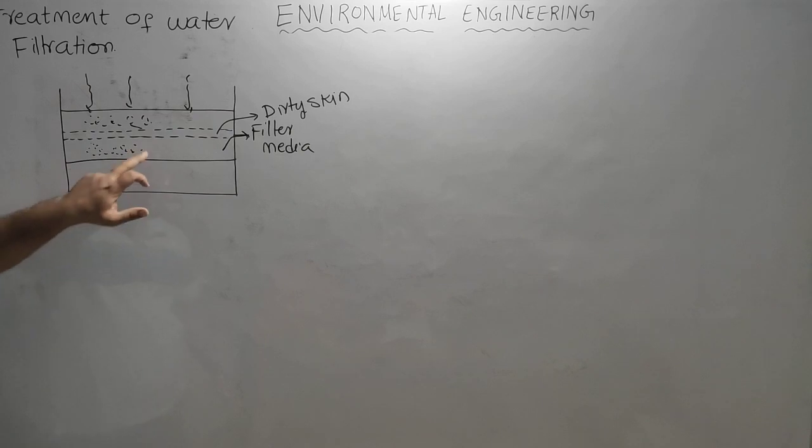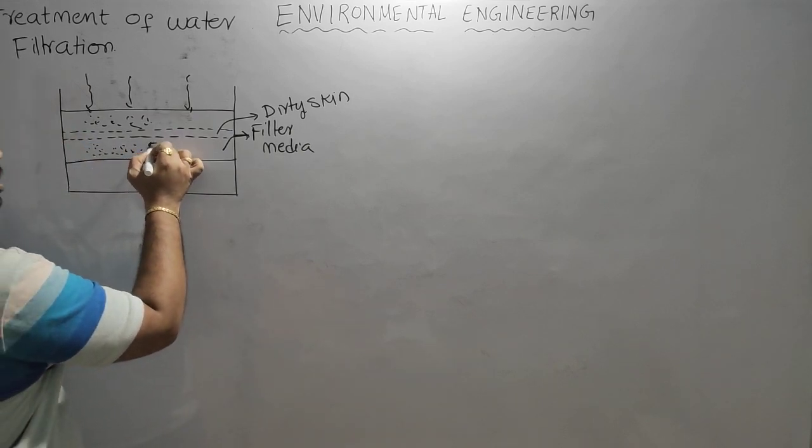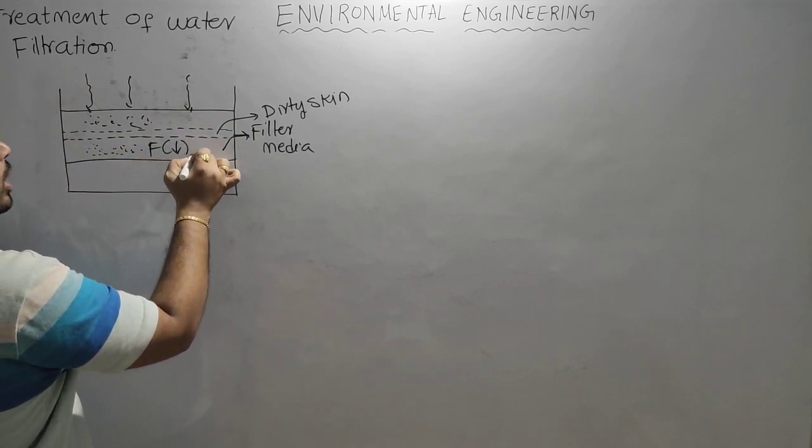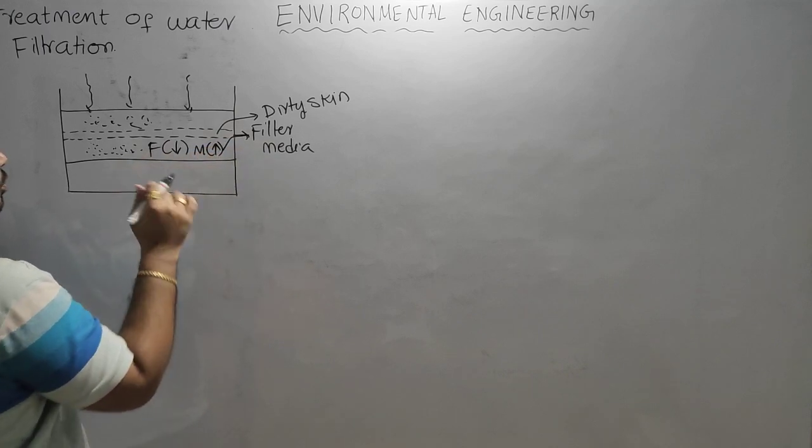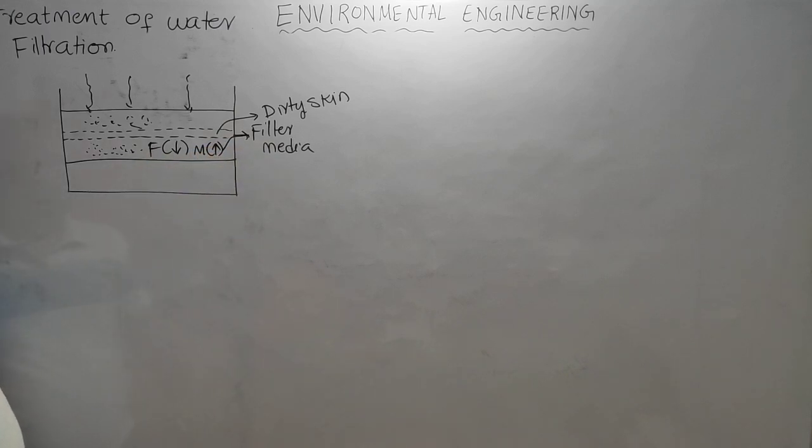That means here food is less, microorganism is more. So when food is less, then food will be completely consumed. Then microorganism will not find food anymore. Then what happens? This microorganism will eat other microorganism and they will survive. This is called endogenous respiration.